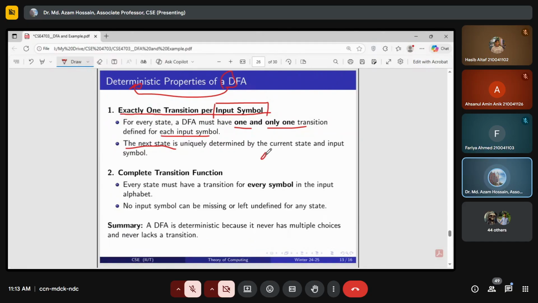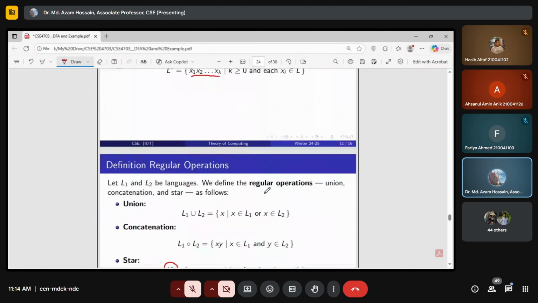So if I have current input A, this will determine where I'll move next. Every state must have a transition for every symbol. This is one of the crucial things that I am going to discuss. Again, read this very carefully. Every state must have a transition for every symbol. Again, I am repeating, please, my dear students, pay attention. What does it mean? Let's go and see.